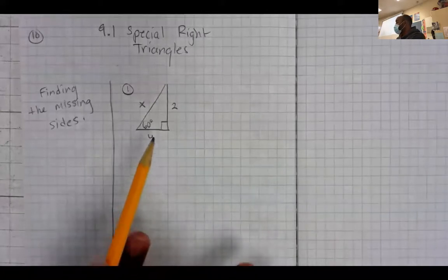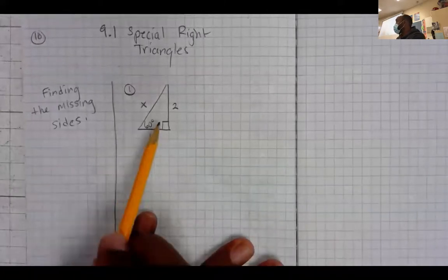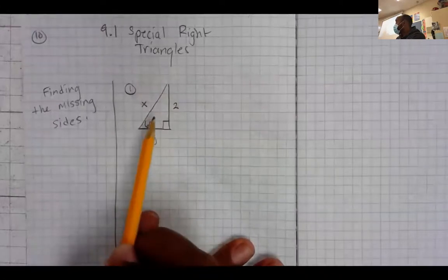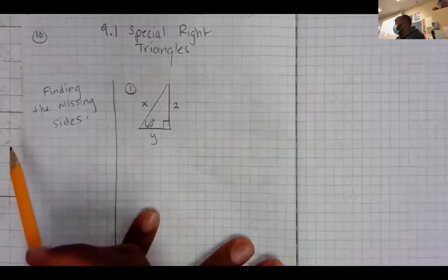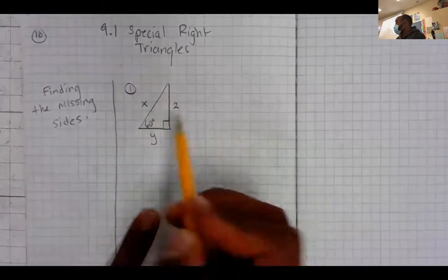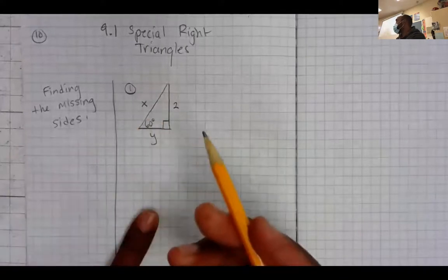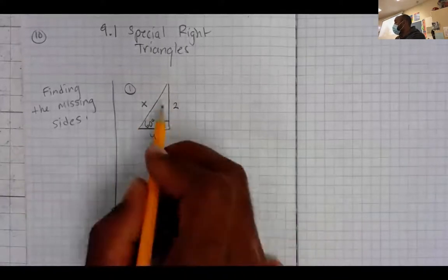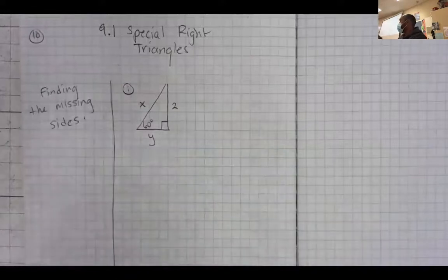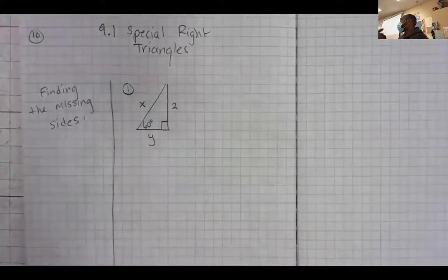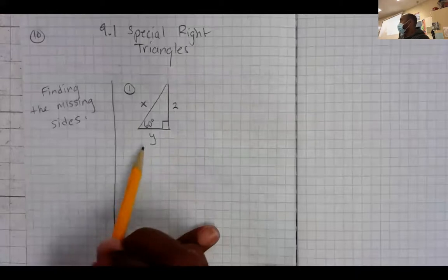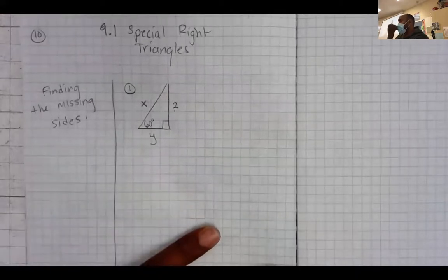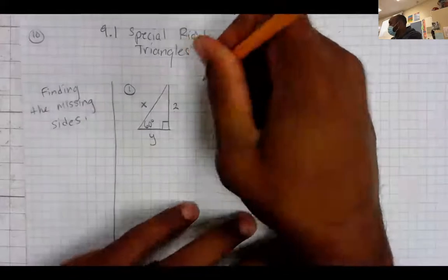What we know about triangles like this, when it's a 90, a 60, and the last one is 30, it's not written, but once you see 60 and 90 in one corner, you already know the other one is 30 because they all add up to 180. They have a special relationship. Each side has a special relationship, and it always holds to a certain scale or ratio. So if I know one side, I can use that ratio to figure out the rest. This is the ratio, and it's always the same.